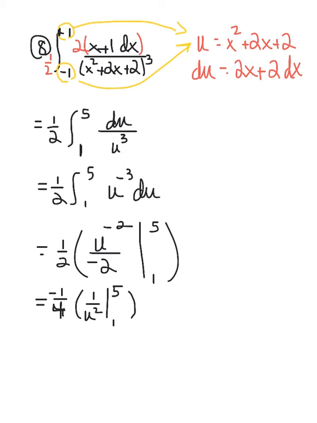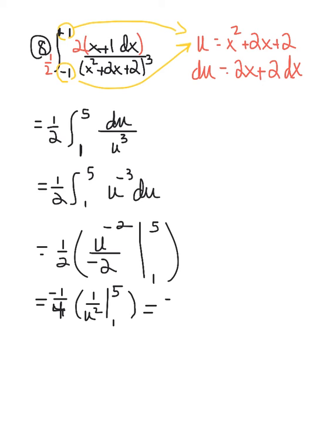Okay, so there's no need for us to go back and replace a u value in. So once we change these bounds, we can just leave it simplified like that. It's just easier.